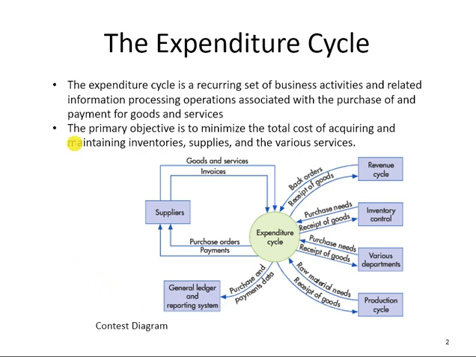The primary objective in the expenditure cycle is to minimize the total cost of acquiring and maintaining inventories, supplies, and various services. To accomplish this objective, we have a lot of decisions to make. For example, inventory levels.